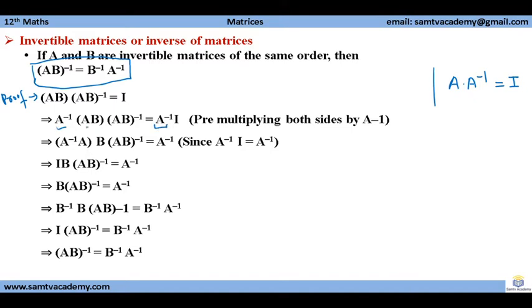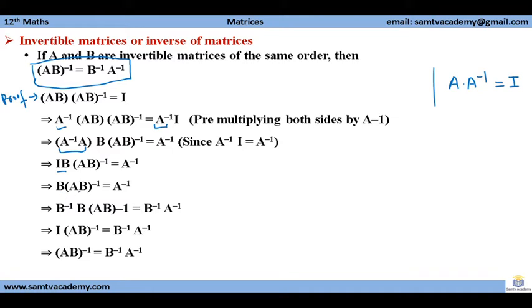Now when we open this, A inverse into A, B, and this (AB) inverse will remain the same, and A inverse I. So I can be removed. Now A inverse A is equal to I, so this will become IB into (AB) whole inverse is equal to A inverse.